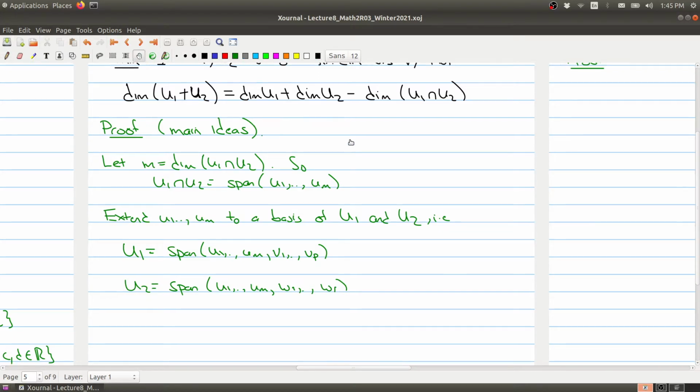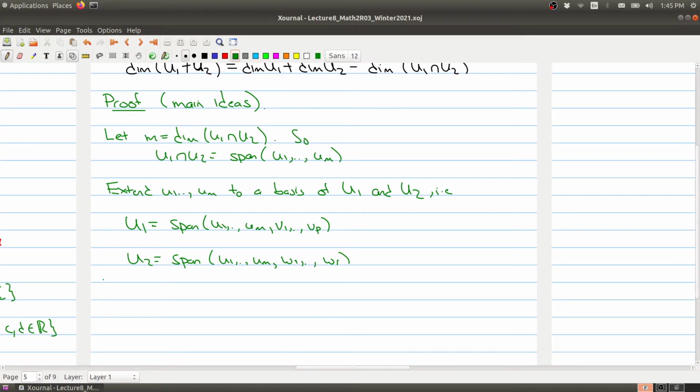The technical part that you would have to check is the following. You want to claim that if you take all of these vectors, u1 through uM, v1 through vP, and w1 through wR, this is a basis for the sum of the two vector spaces. It's not actually that hard.